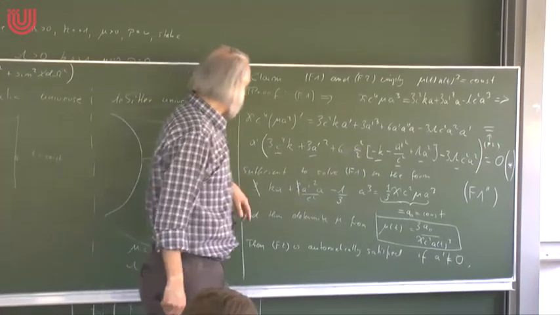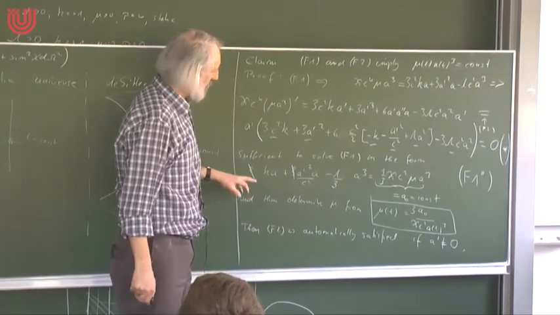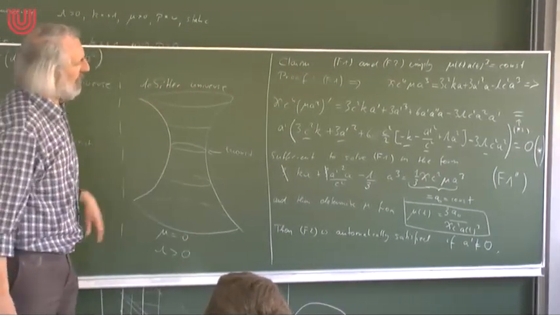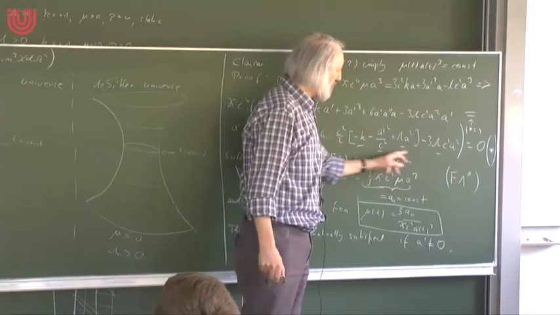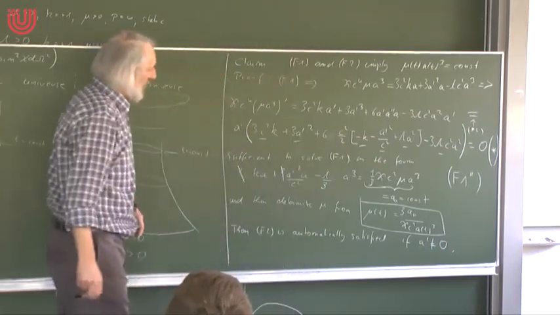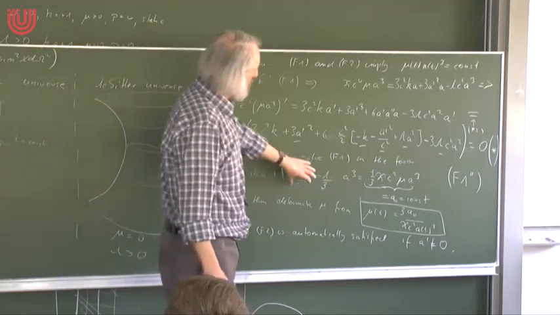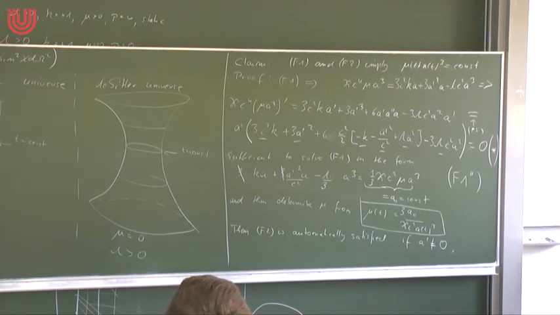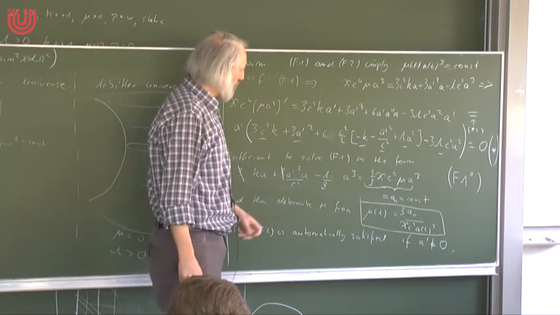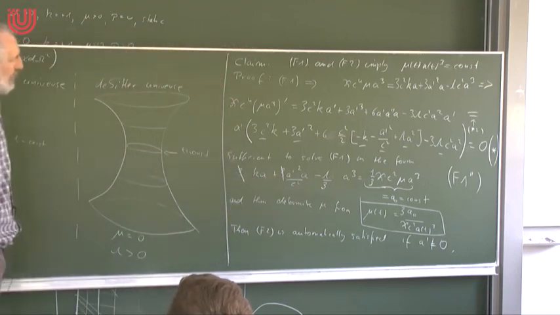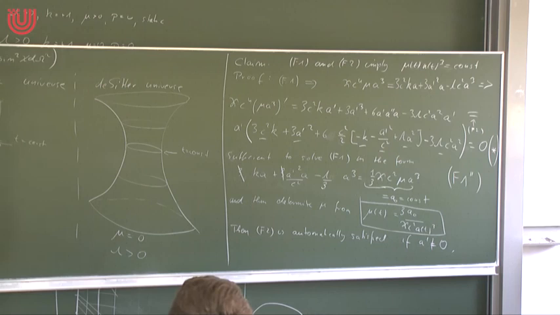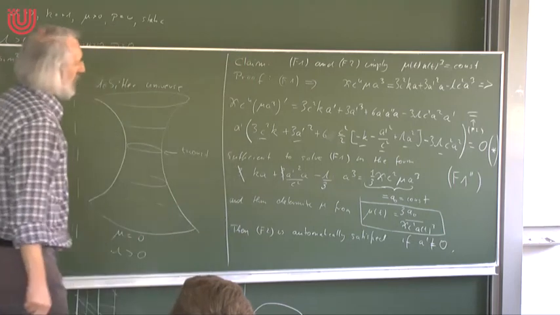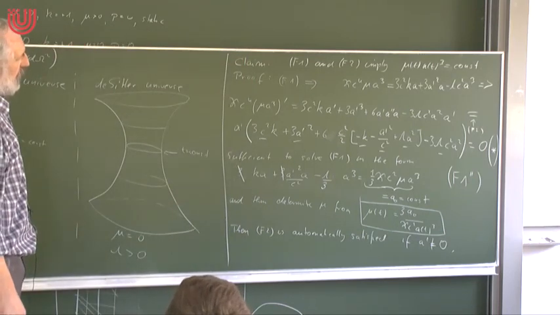Yes. So I'm not sure if this could be heard over the microphone. The remark was that we interpret this as a conserved mass, or more generally speaking, if we consider more general cases than just the dust, then we would have a conserved energy here. And the remark was that the three terms on the left-hand side could be interpreted as three different contributions to this total energy. So one comes from the curvature, one comes from the behavior of the scale parameter, which is at least partly determined by the Hubble parameter, and the third one comes from the cosmological constant.